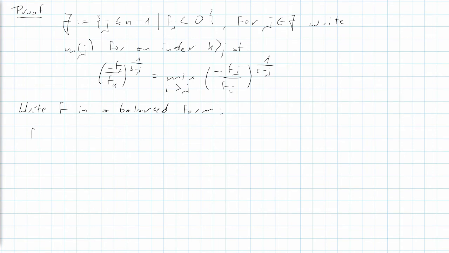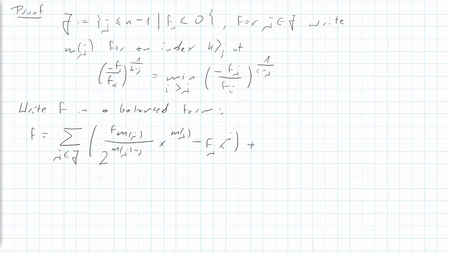So we write f to be, again like before, a sum over all j in this capital J of fm of j over 2 to the power m of j minus j times x to the m of j minus fj xj, plus some polynomial with non-negative terms, a polynomial with non-negative coefficients.